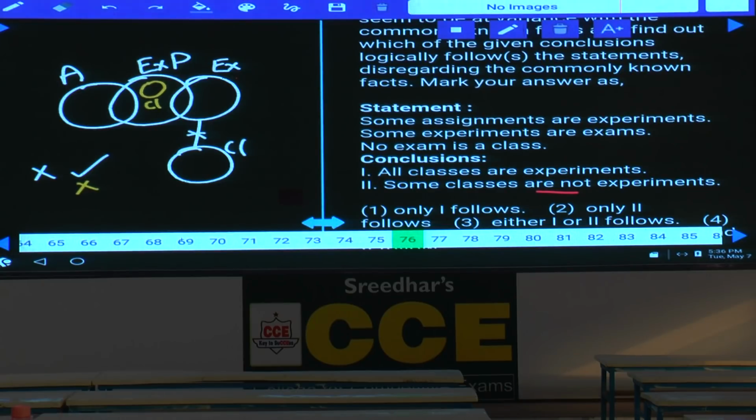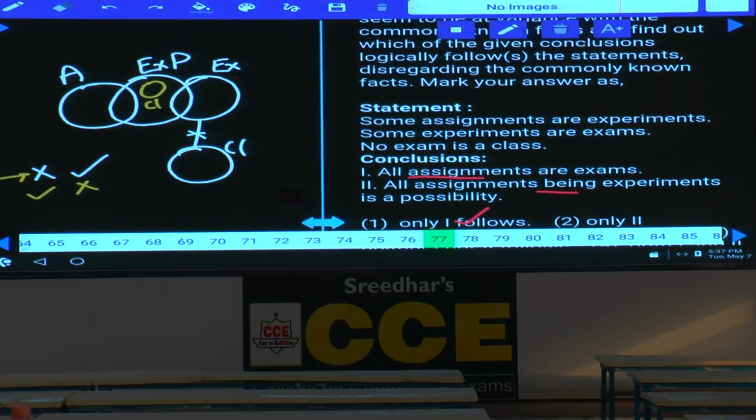After making the previous conclusion false, we have to check the affirmative conclusion, which was false in the basic diagram. That is, all classes are experiments, and now it has become true. When the first one is false, the second is true. When the second is false, the first is true. Hence, either 1 or 2, choice 3. Done with this? Question number 76, choice 3.